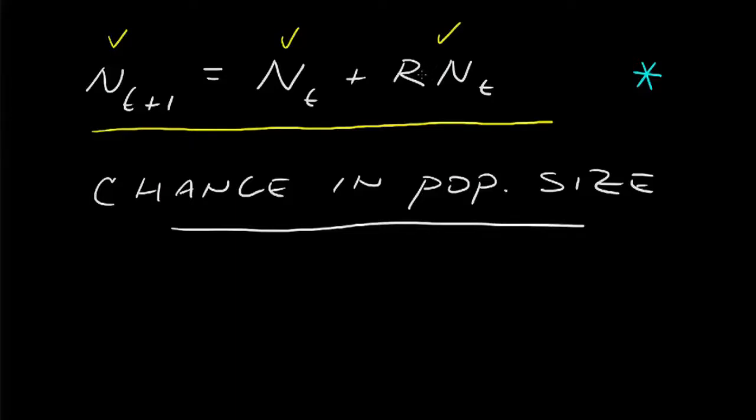So what we're saying here is that our population one time step into the future, NT plus 1, is our current population size plus our population size times our geometric rate of growth. And so that should give us a new value for the next year. Could be positive, it could be negative.